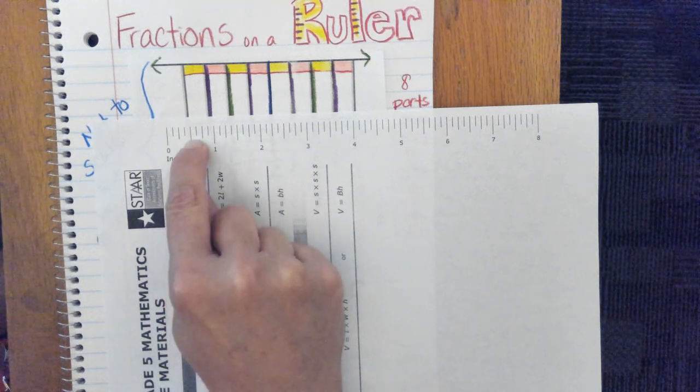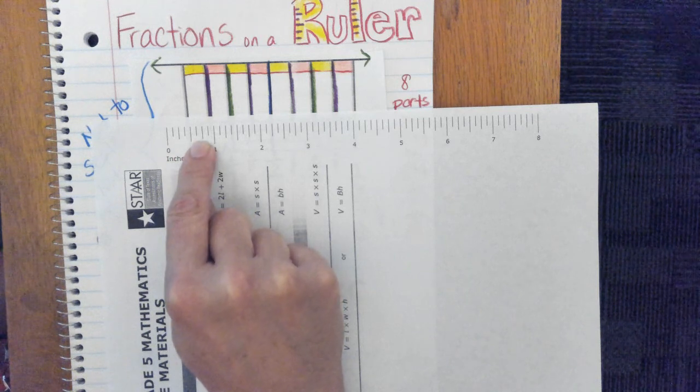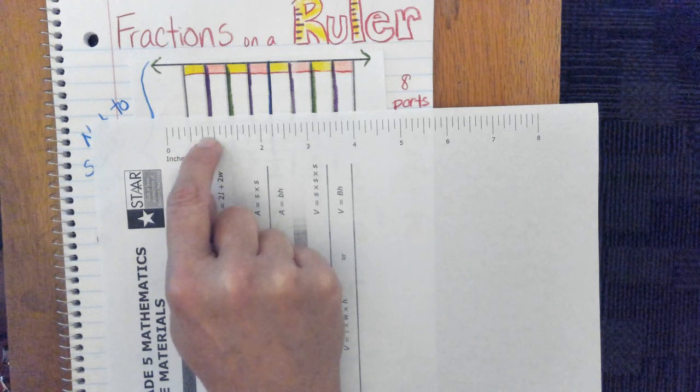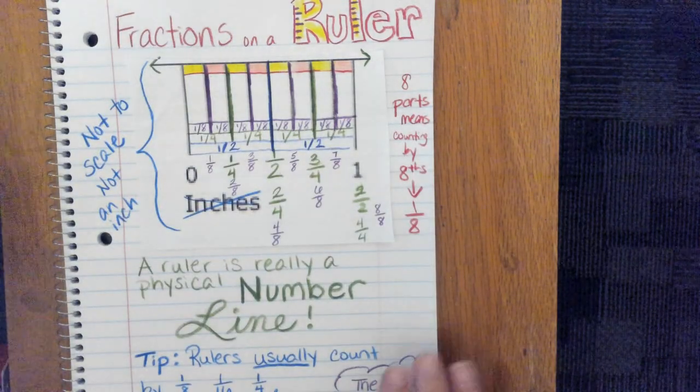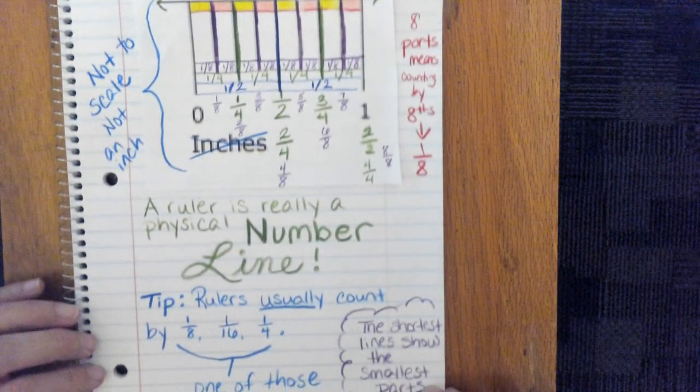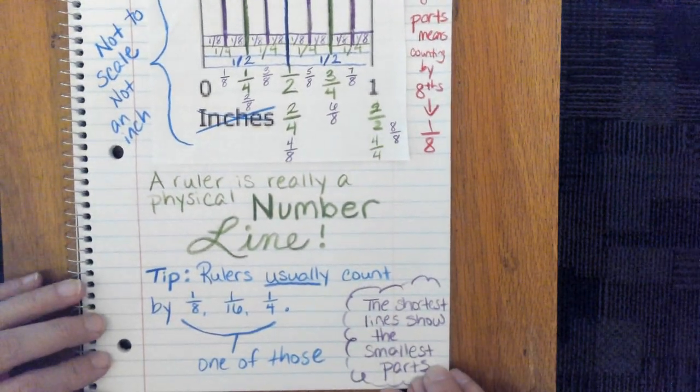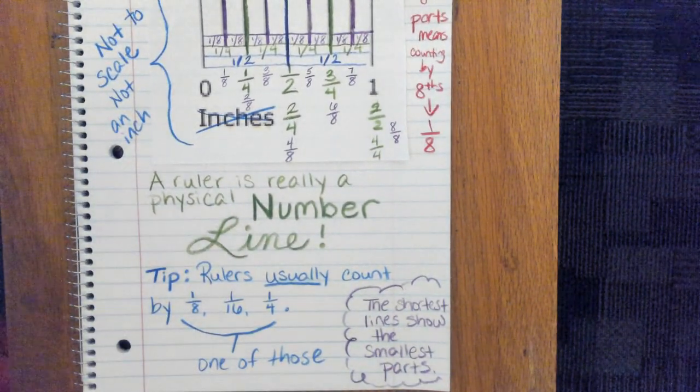A 1/2 is 4/8, so next is 5/8, 3/4, 7/8, one whole. Okay, so that is fractions on a ruler, and I'm going to put it right here because I think that's probably where you need it.